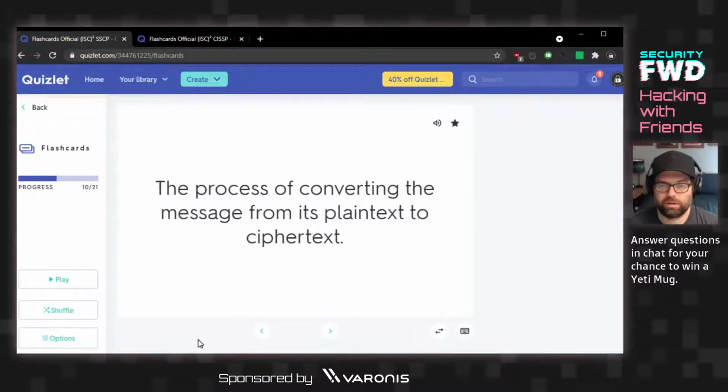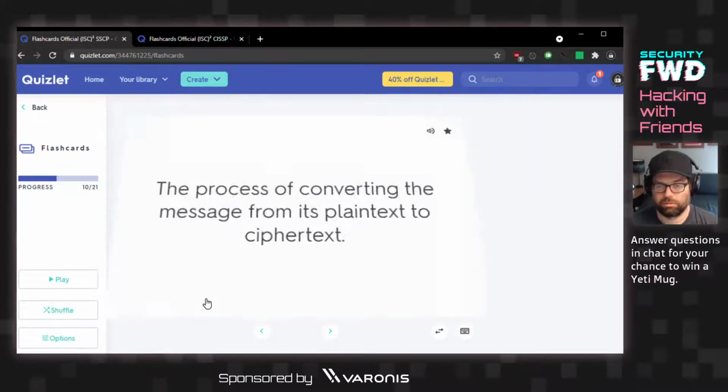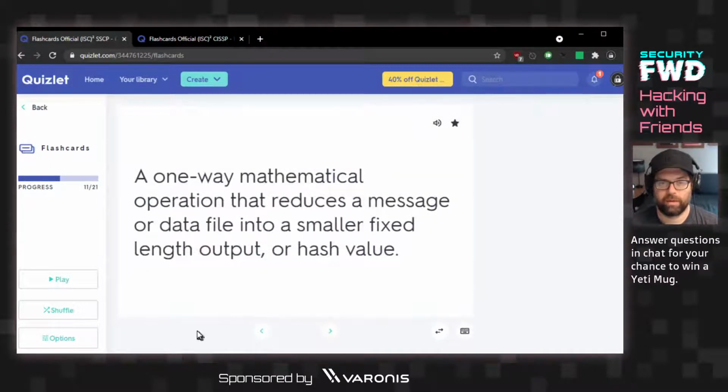The process of converting the message from its plain text to ciphertext. So that would be encryption. That one's an easy one. All right. One-way mathematical operation that reduces a message or data file into a smaller fixed length output or hash value. I'm going to go with hash function.